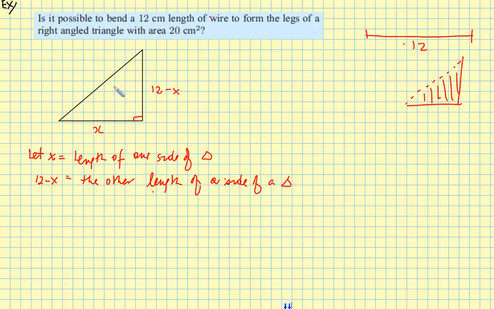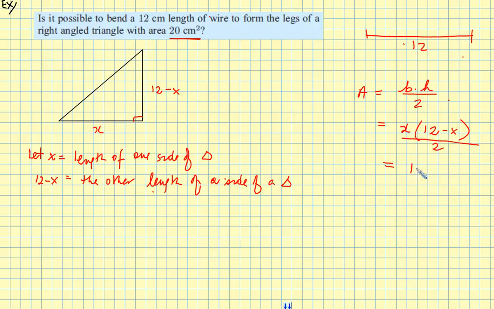Now, since we know that the area of the triangle is 20, using our formula for the area of a triangle, area is going to equal base times height divided by 2. So I will take the base x and multiply it by the height, 12 minus x, and divide that by 2. By doing that, I'll get 12x minus x squared, divided by 2.